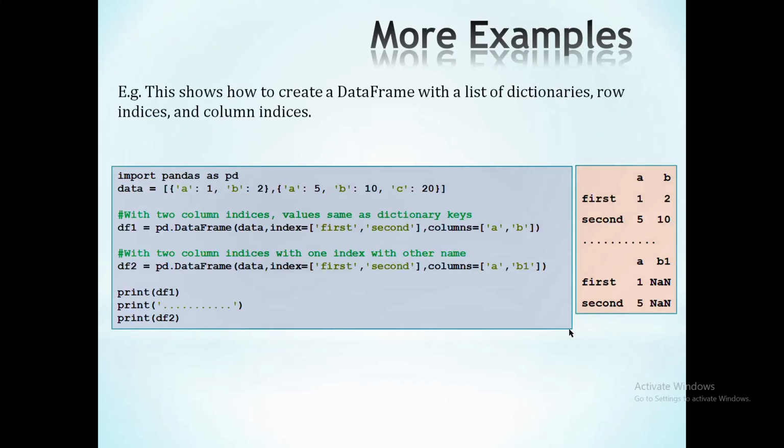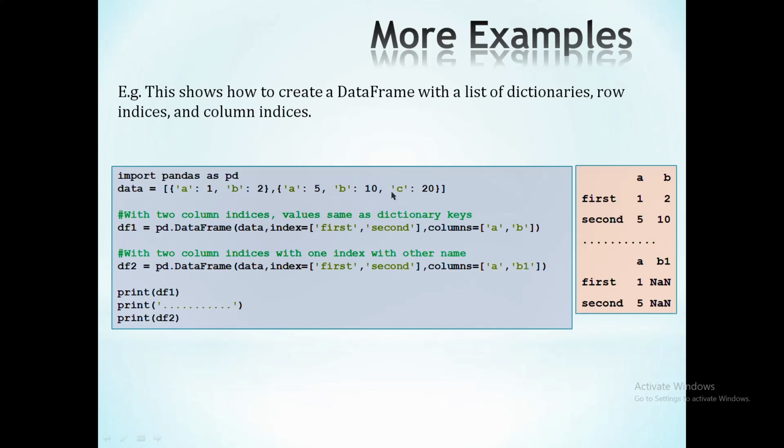This shows how to create a data frame from a list of dictionaries with row indexing as well as column indexing. Data is holding two dictionaries, one with A equal to 1, B equal to 2, and the second with A equal to 5, B equal to 10, C equal to 20. Both are combined into a list and stored in the variable.